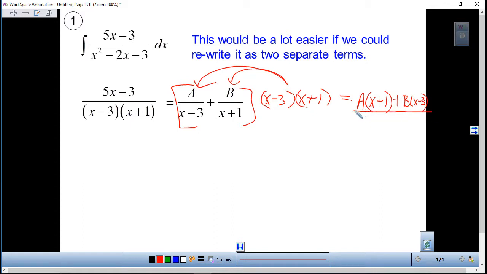This right here is how the numerator would come to be if you were to combine these two things together. Now, the reason this works is because if you had to multiply this one times whatever would make it a common denominator where you could put these two together, you'd multiply times x plus 1 over x plus 1.